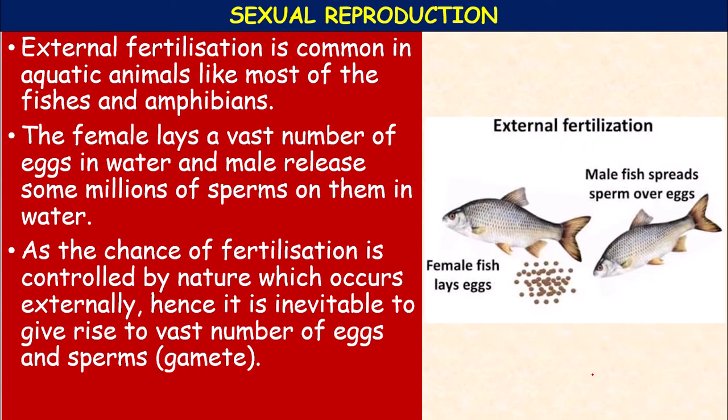Okay, so in external fertilization in fish, the male fish spreads the sperms over the eggs and the female fish lays the eggs. So the process of fertilization takes place outside the body of the female animal, so it is called external fertilization.